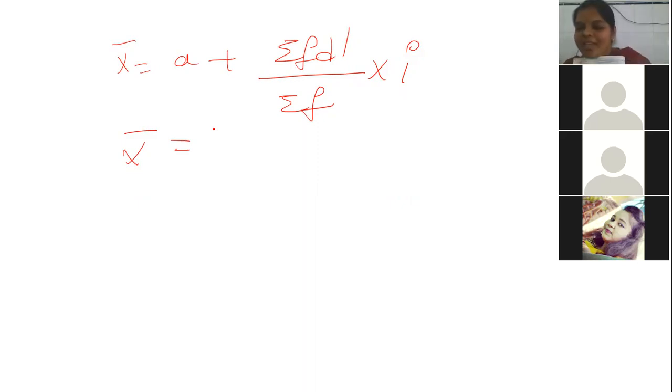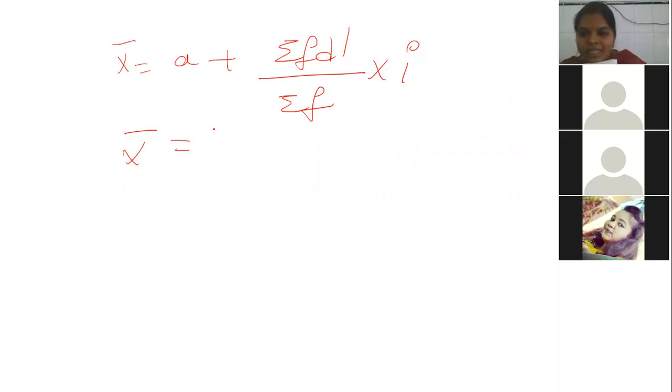Why? Because the data was the same, but here we are using different methods to calculate the arithmetic mean. Either it may be the shortcut, or the step deviation, or the direct method, we get the same answer.